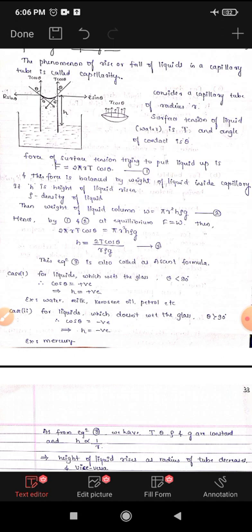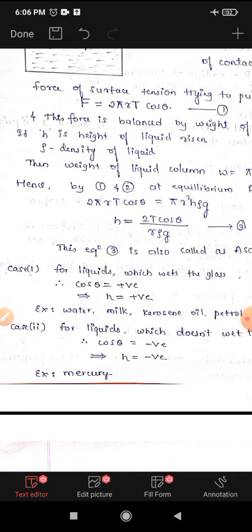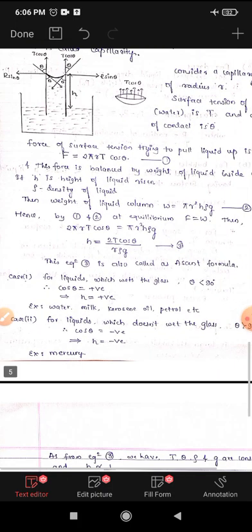In the case of liquids which wet the glass, we have an acute angle of contact, that is, theta is less than 90 degrees. When theta is less than 90 degrees, cos theta is a positive value.